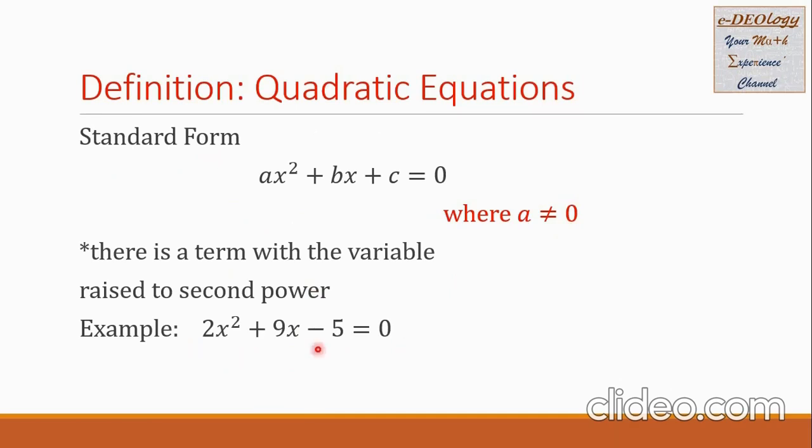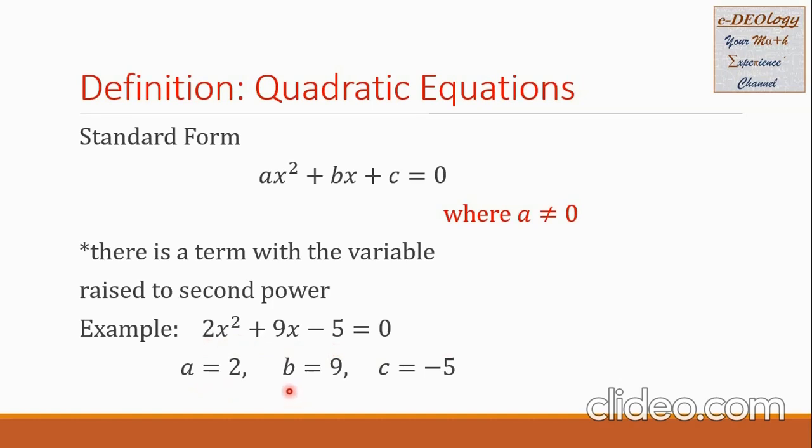In here, our example is in standard form. All the terms are on the left side and it is equal to 0. Then we can collect the a, b, and c. Take note that the a is the coefficient of x squared, so a equals 2.